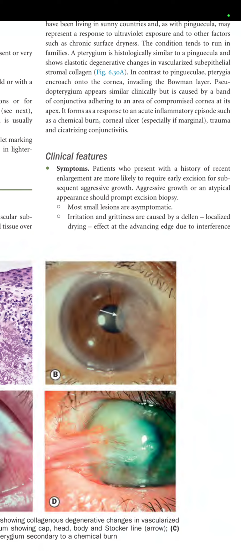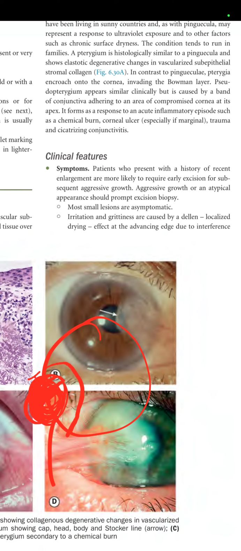Irritation and grittiness are caused by a dellen. So what is a dellen? A dellen is a kind of nodule formed at the limbus junction. Adjacent to this area, the tears do not adequately reach that part of the cornea.